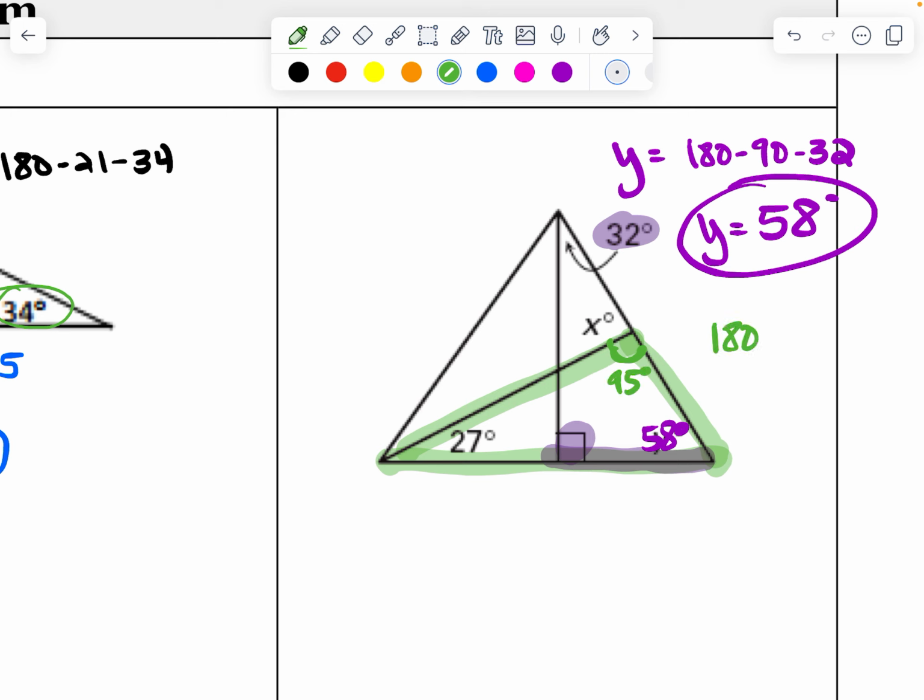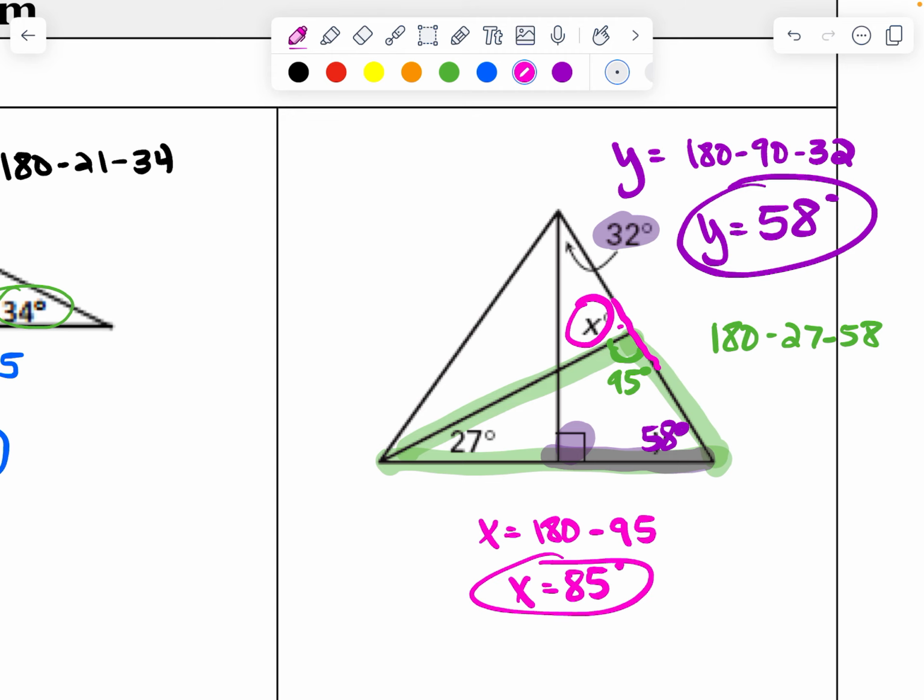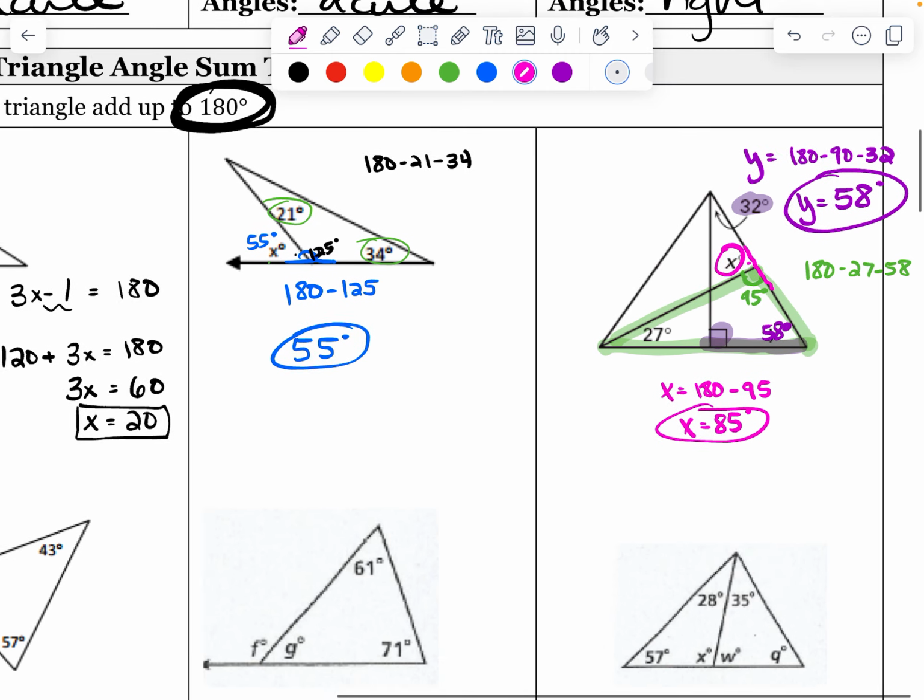And then I can figure out x because it's on a straight line with the 95. So x equals 180 minus 95. X equals 85 degrees. There we go. Whew, that took me a minute, but we did it. Teamwork.